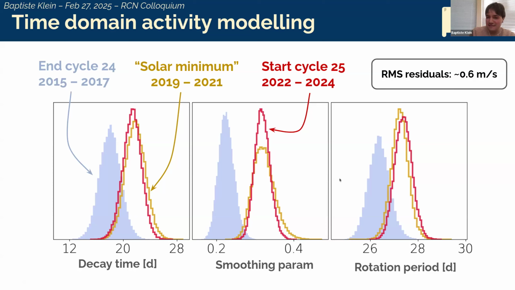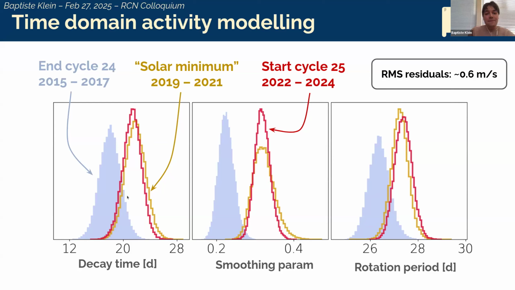And the interesting part is that we know where this variation is coming from. If you look at the rotation period here, you have a 2 sigma difference between cycle 24 and 25. And this just reflects the fact that you have differential rotation at the surface of the sun. So at the end of the cycle, the active regions are closer to the equator, and they rotate faster. And at the start of the cycle, the active regions are formed at higher latitude and rotate slower.